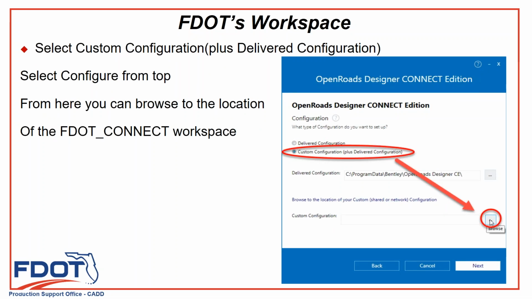And once we have that, we select the custom configuration plus delivered. So it's delivering our custom configuration to where we specify, and it delivers Bentley's to C program data. And then you browse to the folder where you want the f.connect workspace, the resources, BGN lives, cell libraries, and that stuff, on either your C drive or where your server is located.